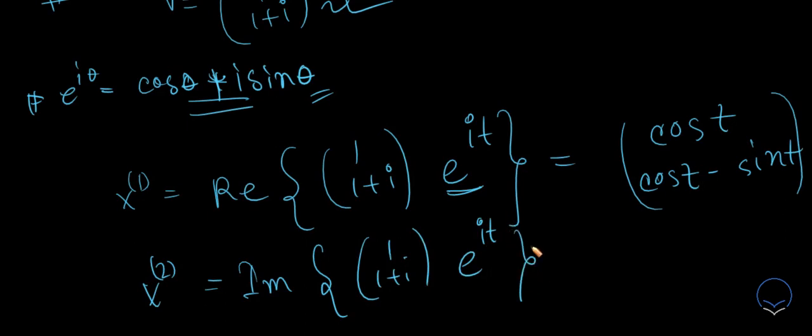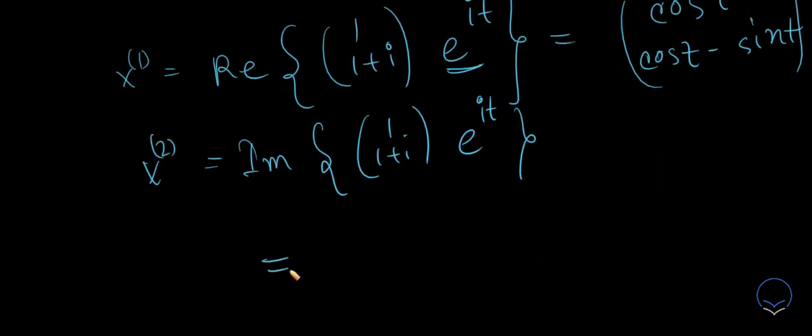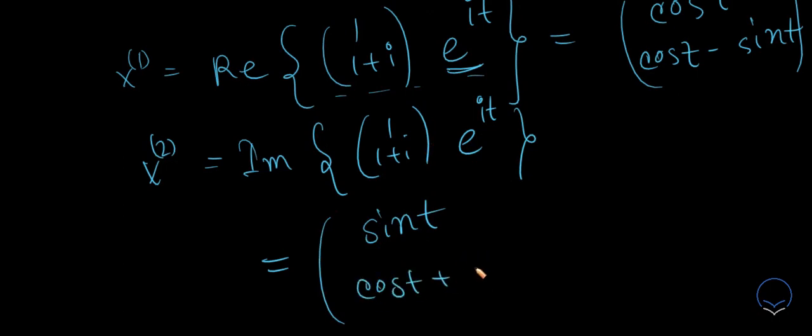So again, it's like just taking this thing and boiling it into real and imaginary parts. You have to obviously calculate it using this Euler identity, but that's pretty simple and I'm not showing it over here. So this will be just cos t and sine t, like this.